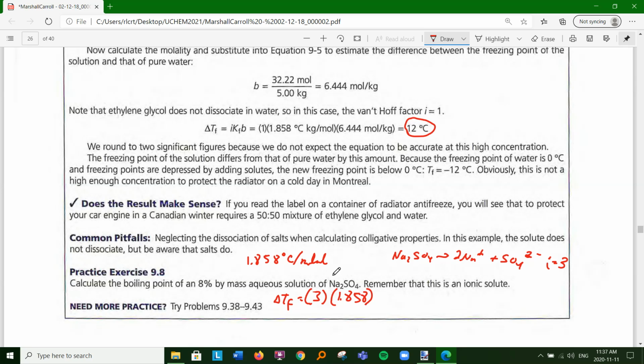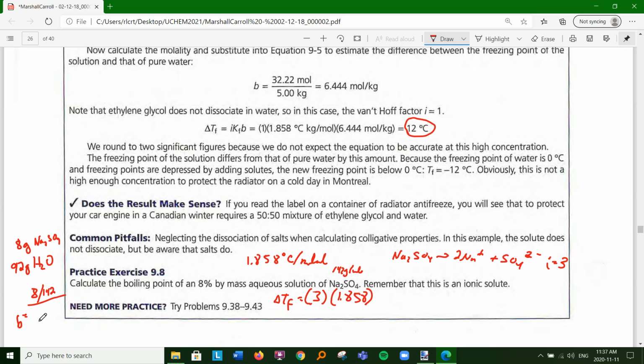is the molar mass of sodium sulfate. So if I got 8% by mass, let's say I had 100 grams of solution, I'd have 8 grams of Na2SO4 and 92 grams of H2O. So my molality B would be 8 out of 142, that's the moles of solute, over kilograms of solvent.